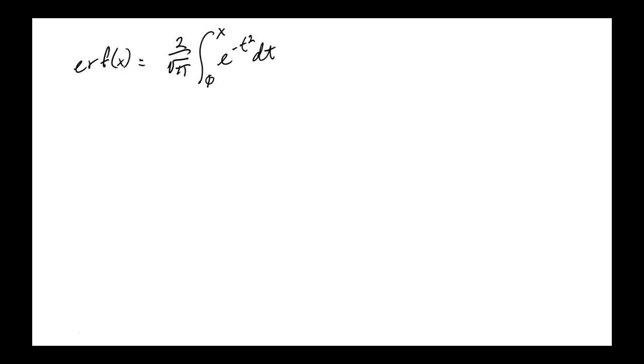Okay. Now, the second is very similar to it. This is the ERFC, the complementary error function. Complementary, now that's not, you're paying it a compliment. This is the completing function, error function. And that is the same strange coefficient, 2 over the square root of pi.